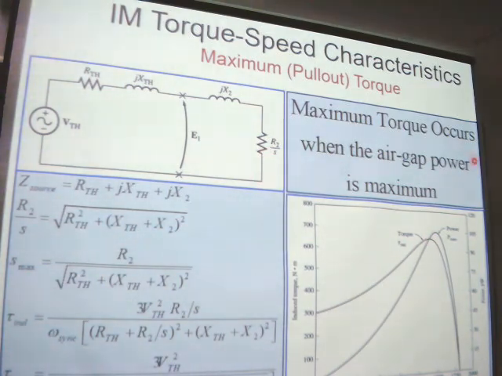So we say the S max is proportional to R2, the rotor resistance, and inversely proportional to the sum of all the stator and rotor leakage reactance.